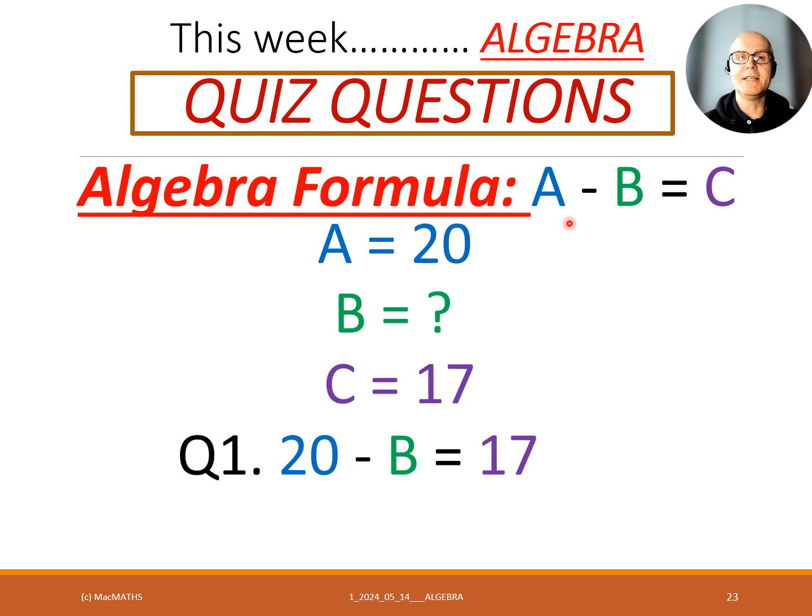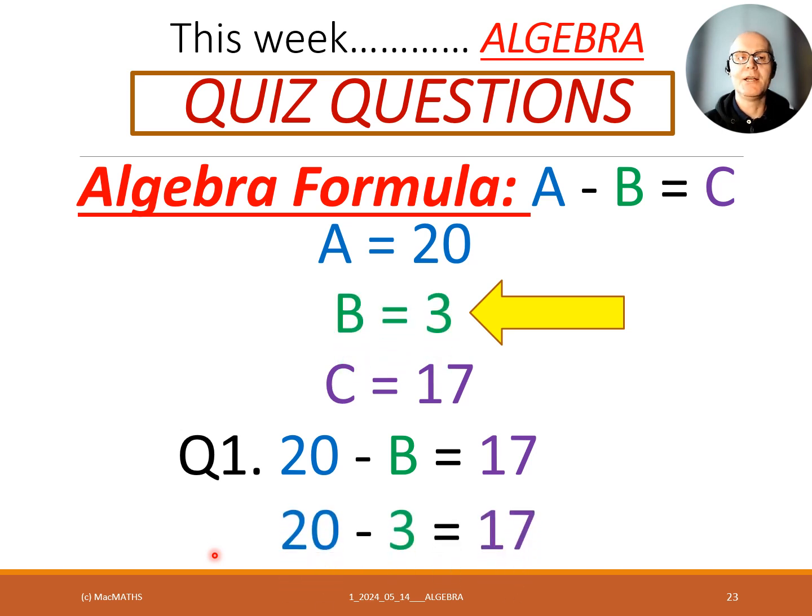Substitute the numbers into this formula that we do know. 20 minus B equals 17. So 20 minus what equals 17? It's 3. 20 minus 3 equals 17. So that means that B equals 3.